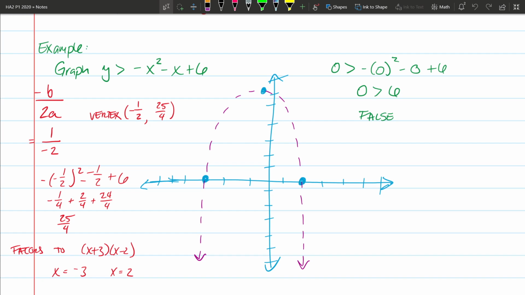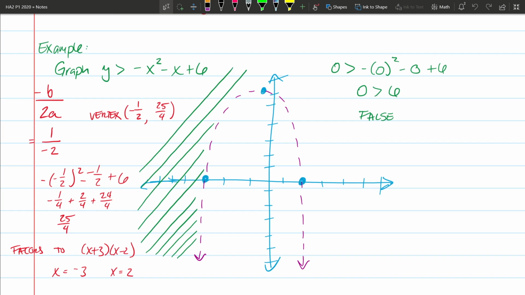So I'm going to be shading outside the parabola. Terrible, but I'm going to try. My answers out here are going to be shaded. And I chose kind of a bad place to put this, but I think you get the idea.